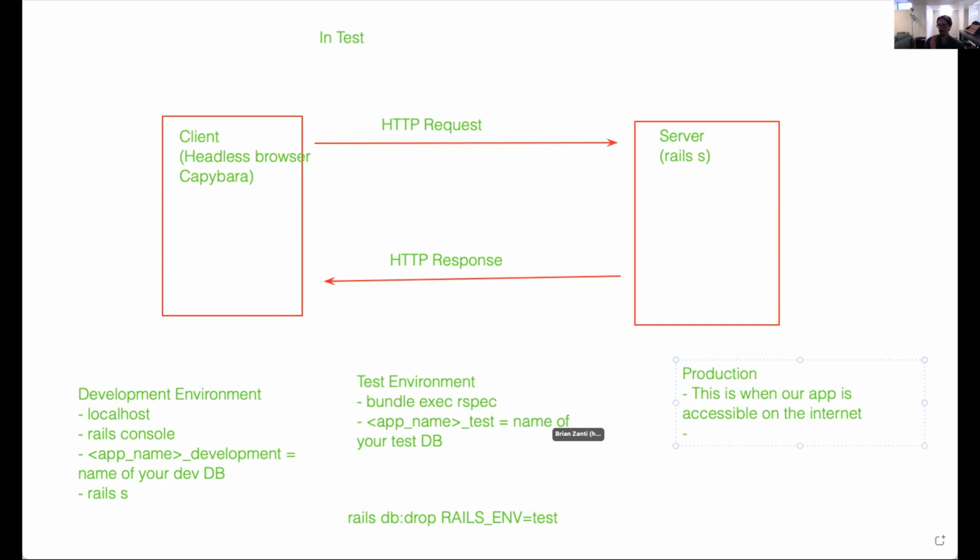So some key points about working in production. You should be careful when working with production data. This is probably the most important point of production. Production is your real life running code, and so we don't want to be casual with our Rails commands.